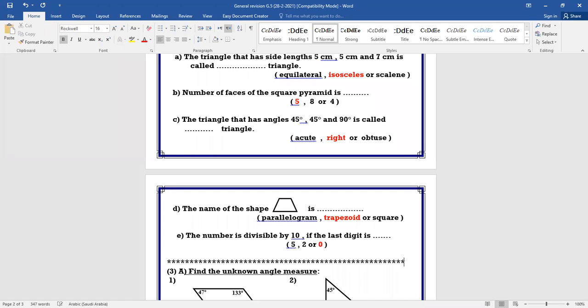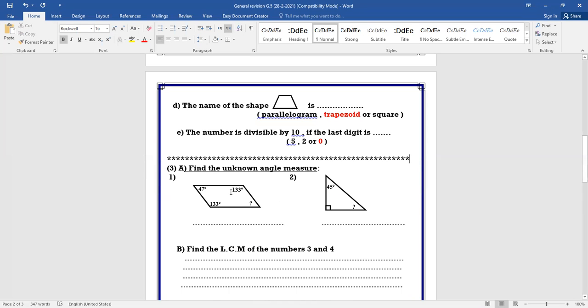Yasin. Find the measure of the unknown angle. This is a parallelogram. We have angles 47 degrees, 133 degrees, and 133 degrees. What is the measure of the unknown angle here? 360 minus. Here we can use this way. 360 minus 133 plus 133 plus 47.